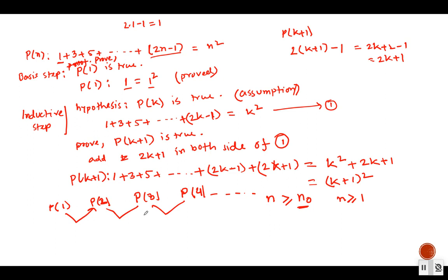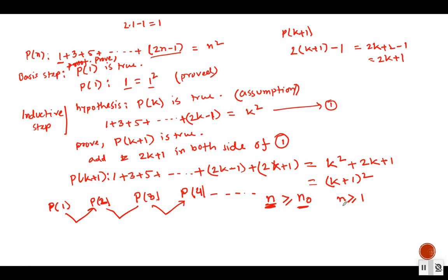Okay, and here we can see that if P1 is true, using the inductive step I can say that P2 is true. If P2 is true, P3 is true. And that's how I can say that the whole propositional function is true for any value n which is greater than or equal to our first value n naught.